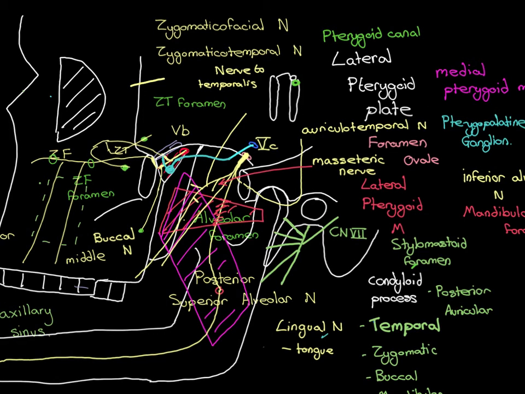Remember, the ophthalmic nerve comes through the superior orbital fissure, and it splits into three major branches. There is the frontal nerve that goes forward and becomes the supratrochlear and the supraorbital nerve. There is the lacrimal nerve that goes laterally over to the lacrimal gland, which will be up here. And there is also the nasociliary nerve that goes downwards and remains medially like so.